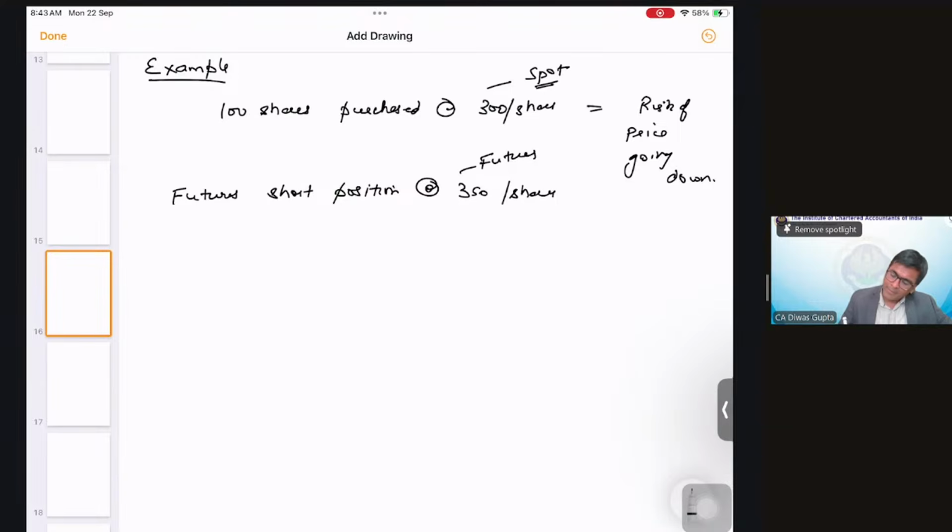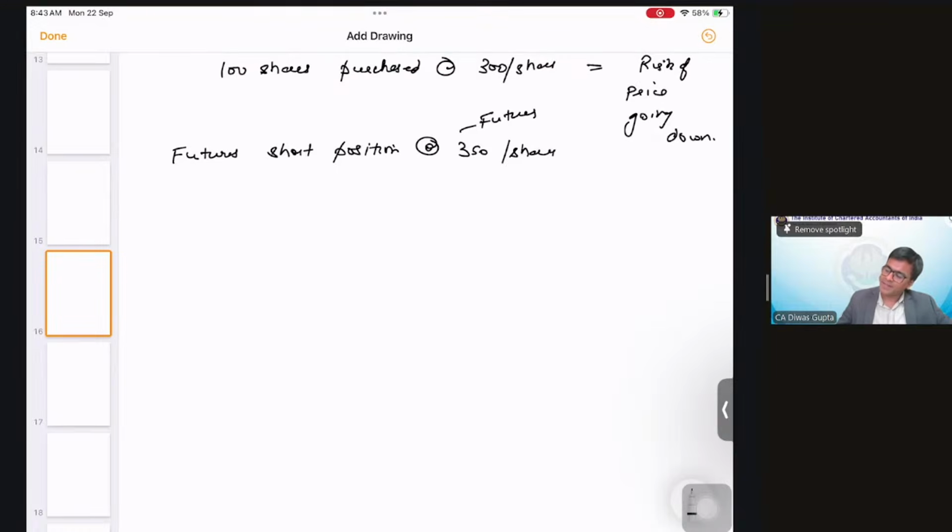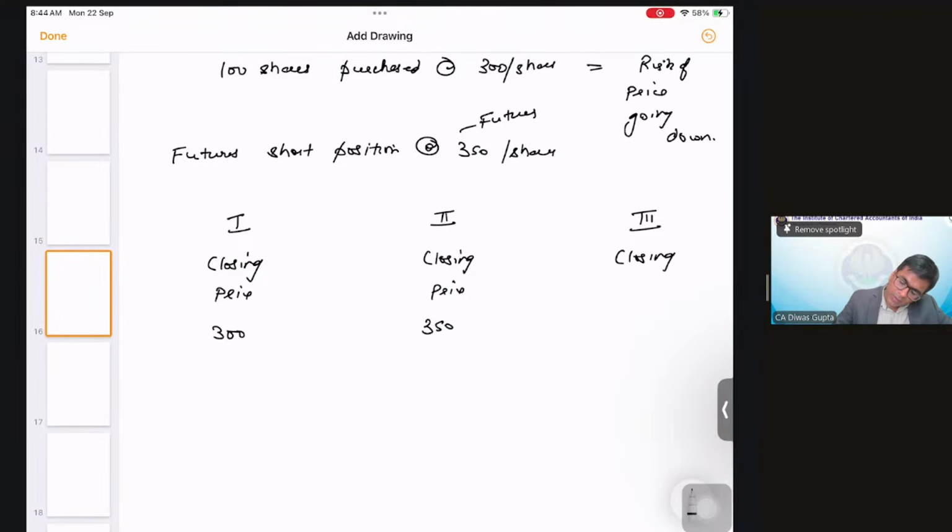Now there can be different cases: case 1, 2 and 3. The closing price, let's say, is 300 in the first case, becomes 350 in the second, and becomes 400 in the third.